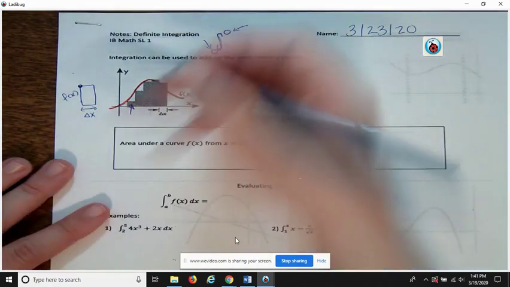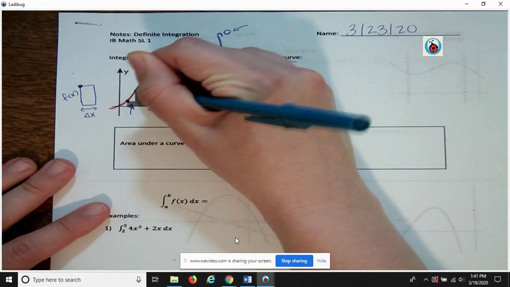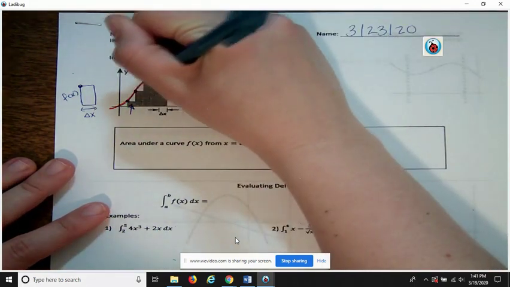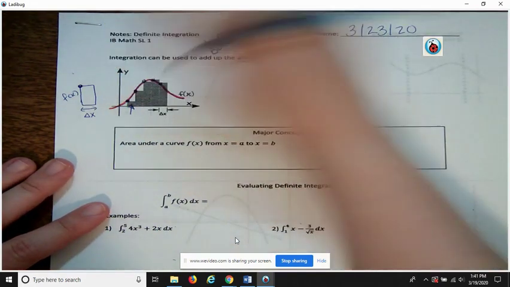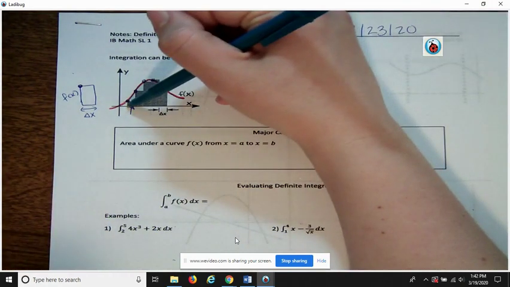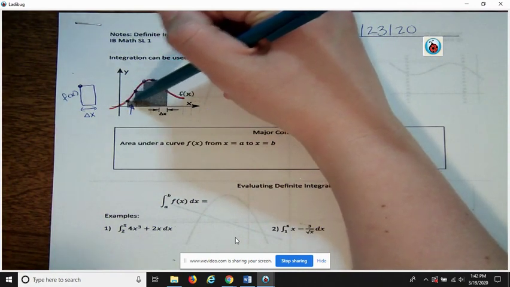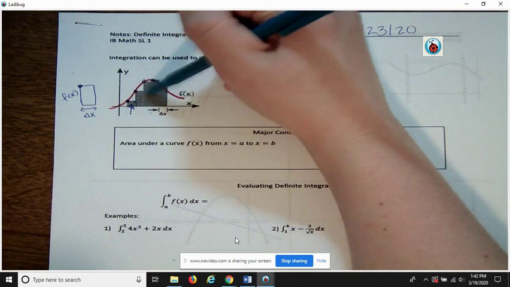Do you guys see how each rectangle goes up and meets the curve on the left-hand corner? And that's how we get the height. So for this particular x value, we map up to the f of x value, and then we make our little rectangle that length, and then we do the same thing for the next one.